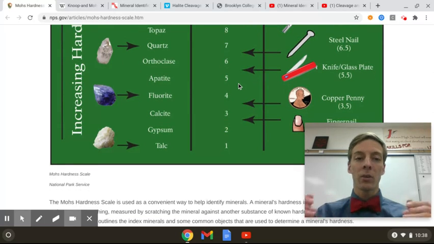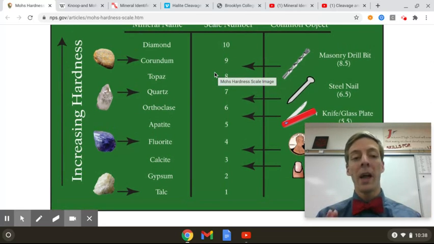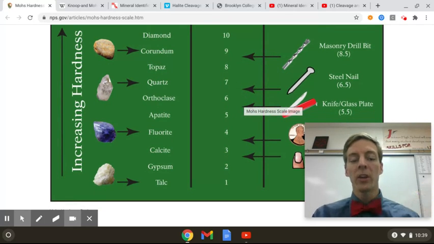If they scratch each other, they're the same. That's how we use this test. If we were in person, this would be a lab. You would do all of this stuff. There would be a streak plate and you would rub it across there, and there would be a hardness test, and there'd be a penny and a fingernail and a nail, right? And you would test all of these.